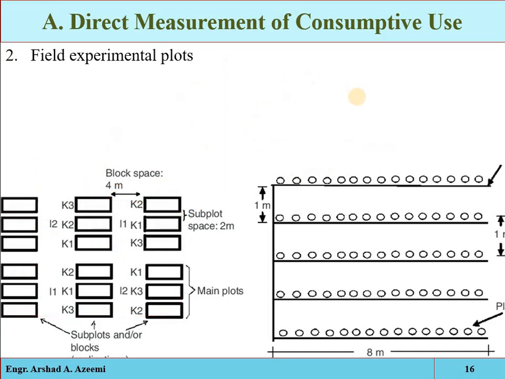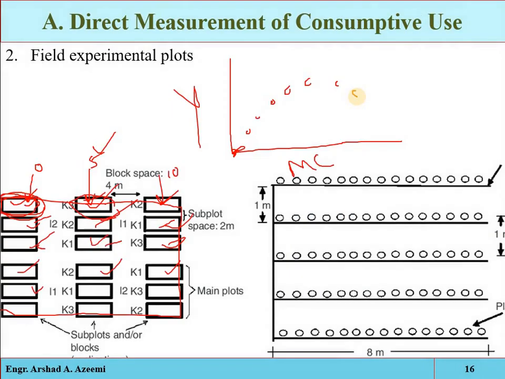Okay, so if you plot these values, you will get this type of curve. Meaning, for example, to one plot to which you have applied 100% of water, meaning which you have kept fully saturated throughout the season, again its yield will be almost 0.